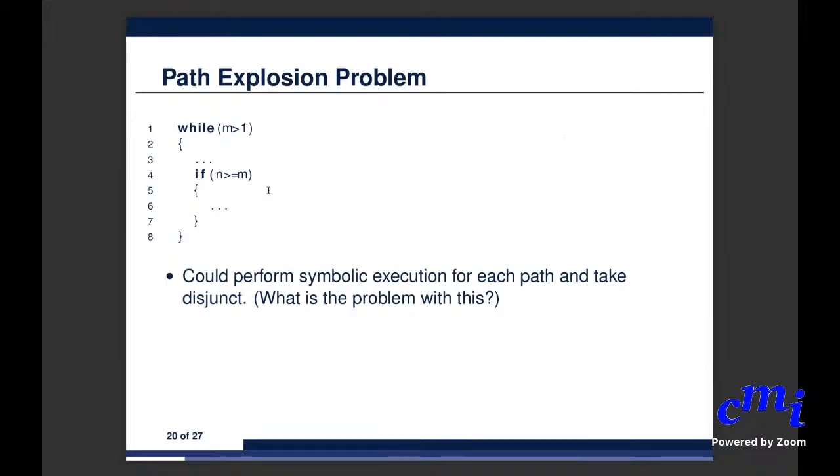If you try to enumerate all possible paths, it'll be 3 to the n, right?